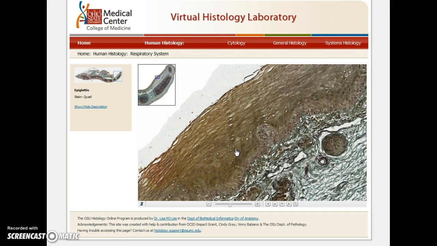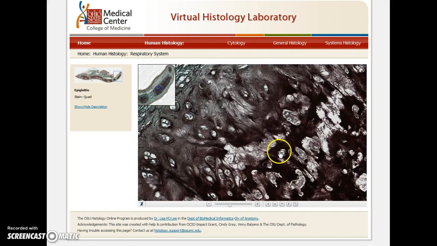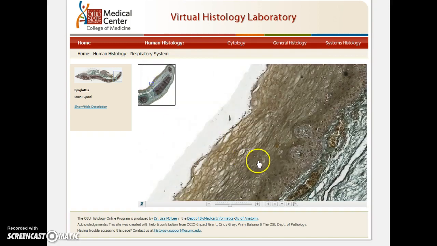And if you want to be even more specific, this would be non-keratinized, because even these outer cells here are still living. So I have elastic cartilage on the inside, and I have stratified squamous epithelium on the outside, and this is the epiglottis.